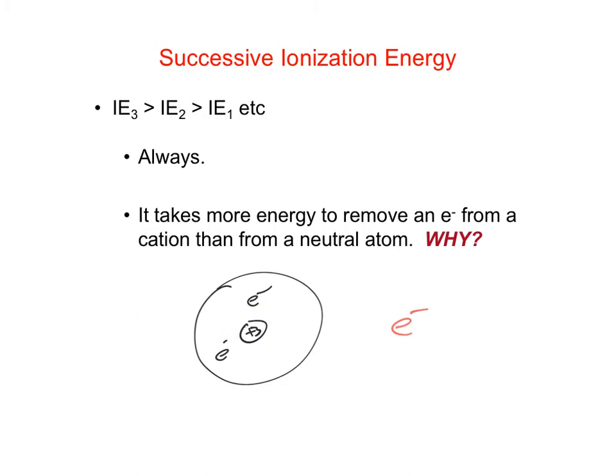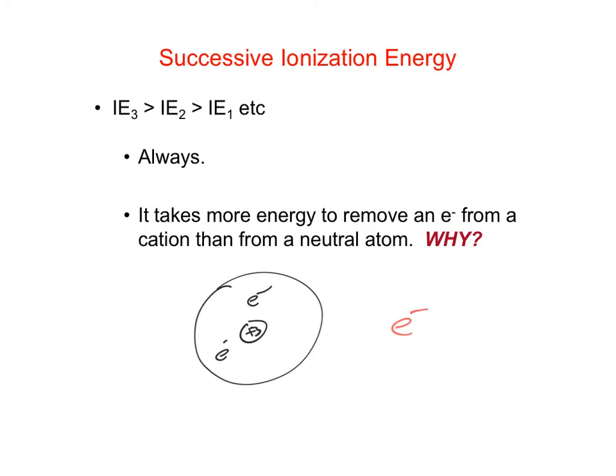I still have 2 electrons to be -2, but I have a +3 nucleus, and so this ion overall is going to be +1. And so I'm removing an electron from a +1 ion, and that requires energy because that electron is attracted to that +1 ion.